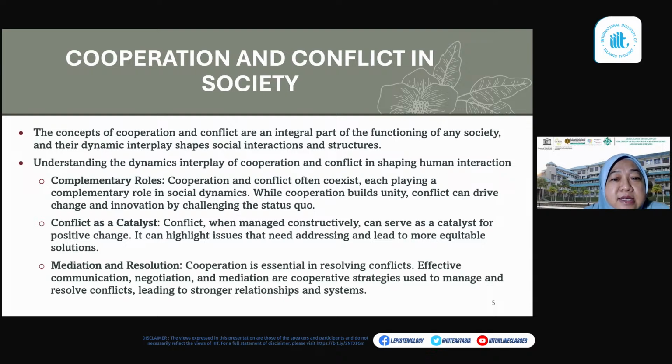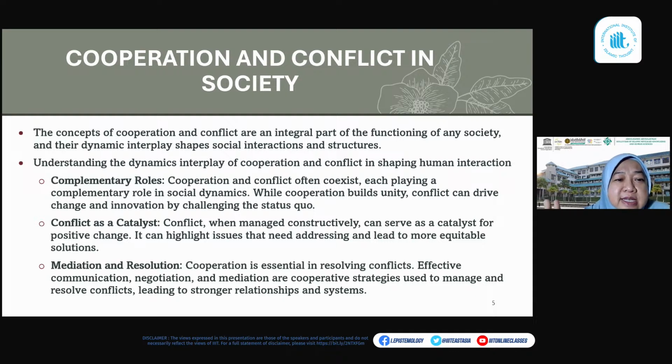As human beings, we are bound to interact with others, and being unique creations, we always encounter other people, and we sometimes may have disagreement with them, and that creates conflict. But dealing with conflict can result in cooperation. Overdoing cooperation can also result in conflict. So there's always a dynamic interplay between cooperation and conflict.